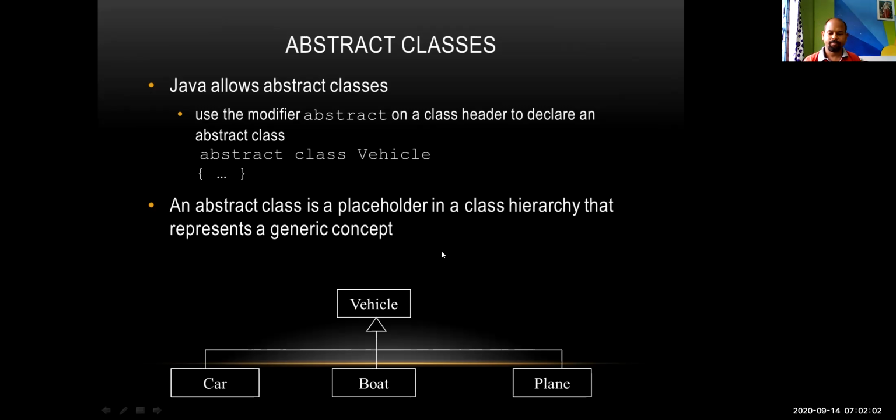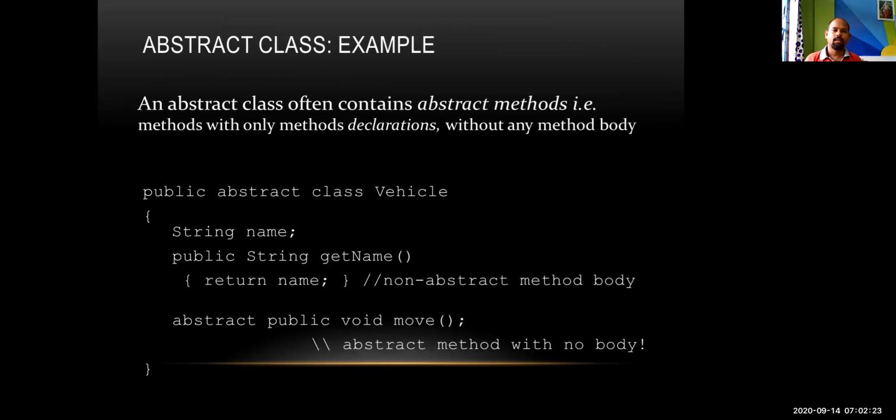Suppose this vehicle has three subclasses: car, boat, and plane. All these subclasses will inherit the properties of vehicle, but vehicle will be an inactive or abstract class.